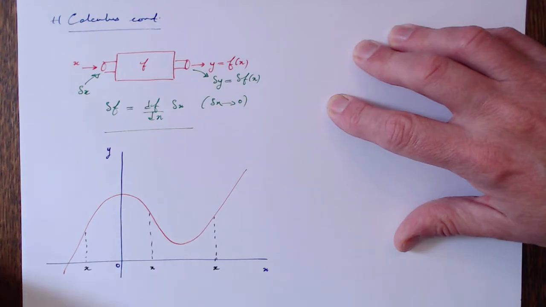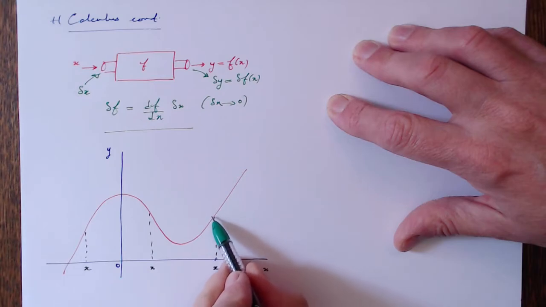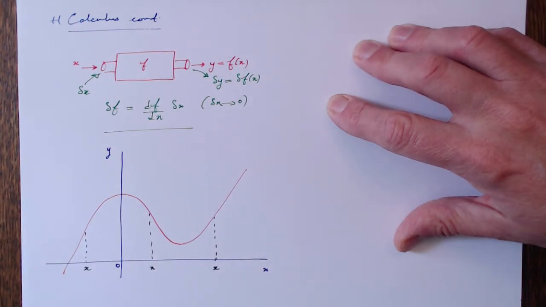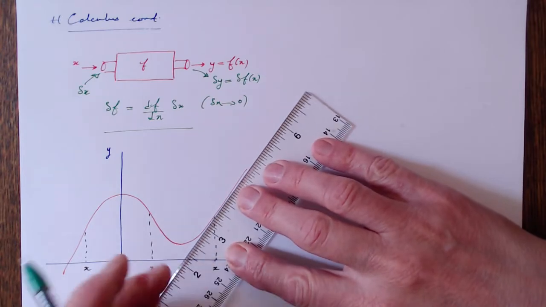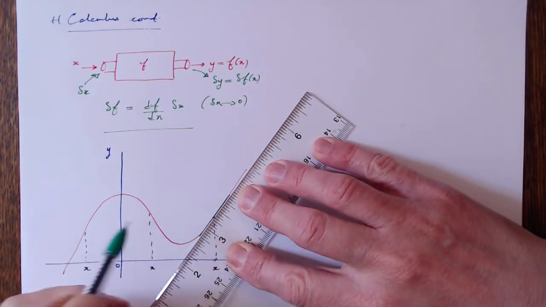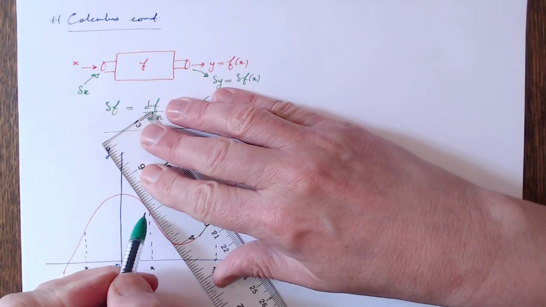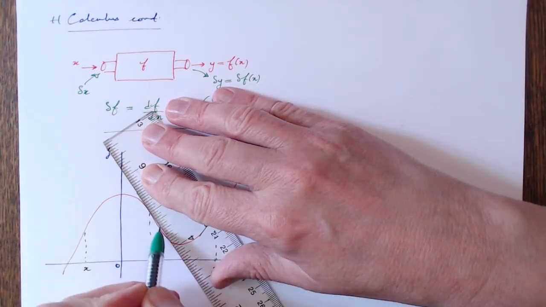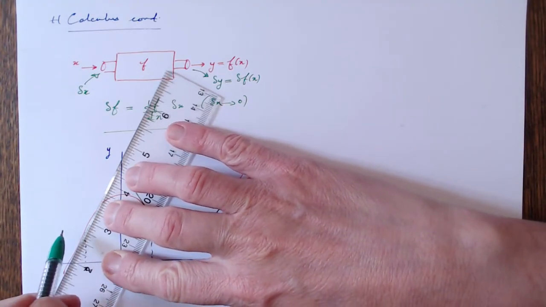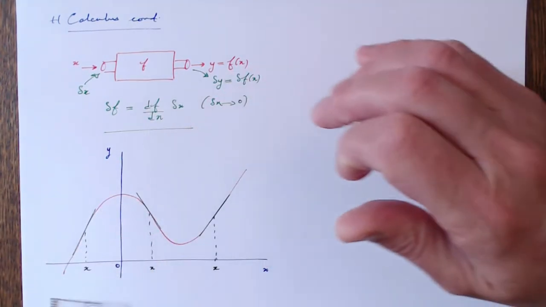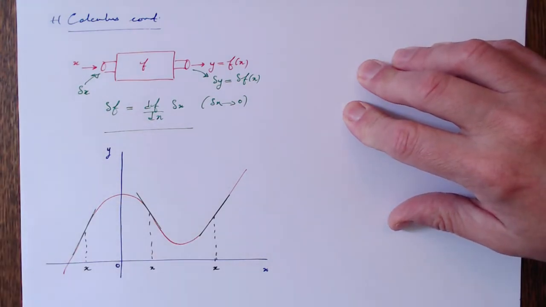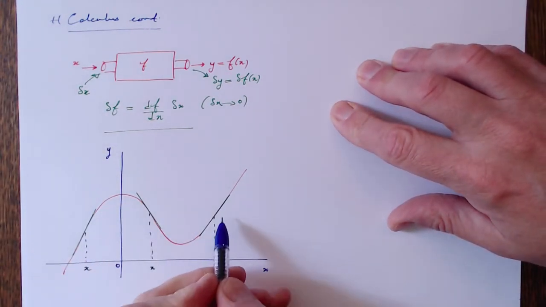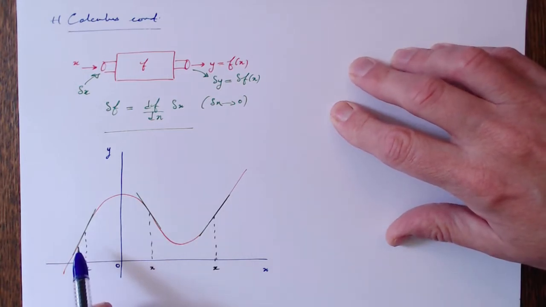But the key idea is that for a given value of x, the slope of the tangent to the curve at that value is indeed the derivative. And in fact, I'm just going to use a ruler to help me draw these because the angle is very inconvenient. So if I just approximate a tangent to the curve at these values of x that I've chosen here, what you can see is that at that value of x, the slope of these tangents is indeed the derivative.